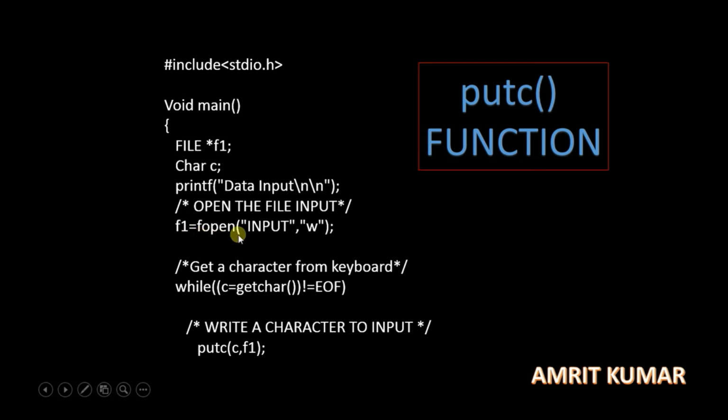So in the file pointer f1 I am opening the file input in writing mode, which means whatever we want to write, we can write in this file. So printf prints "Data Input", and then the file input is opened. Here f1 equals fopen, where fopen is the function, input is the file name, and small w is the mode.